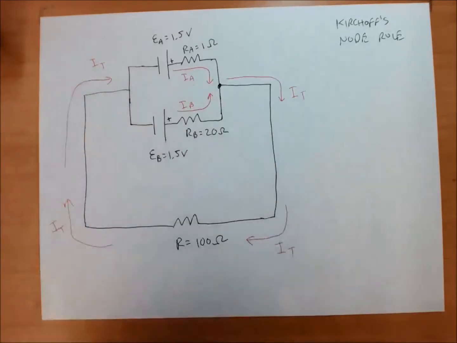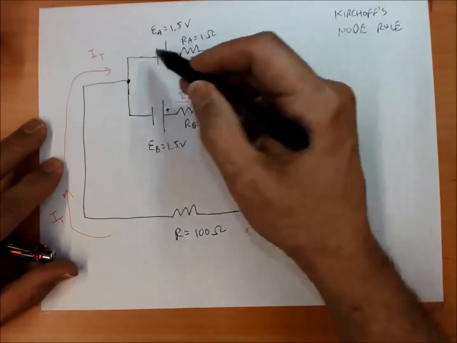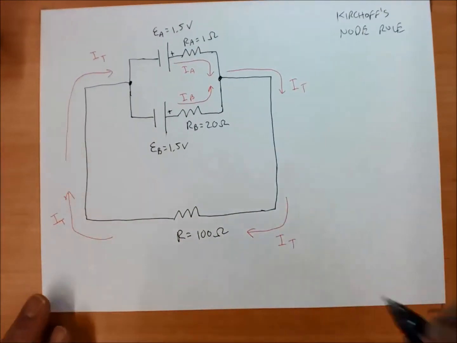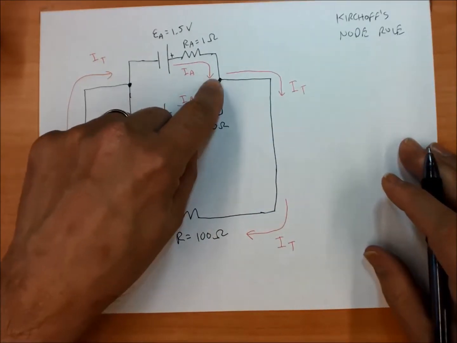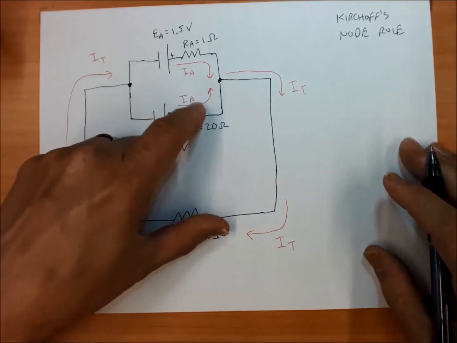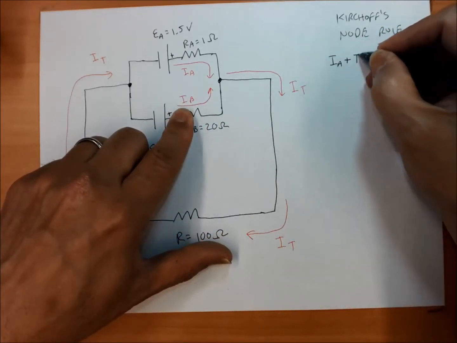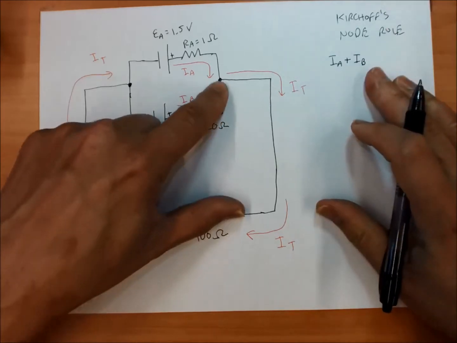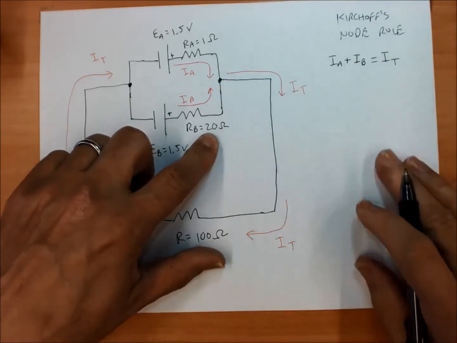And then it goes back into this node here, where it splits up into I sub A and I sub B again. Okay? So Kirchoff's node rule applied to this node would be I sub A plus I sub B, that's the currents going into the node, is equal to the total current coming out of the node.